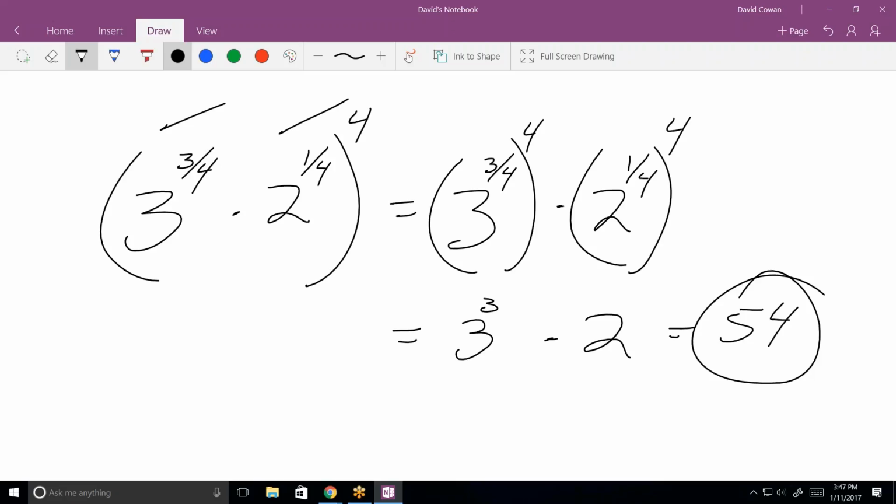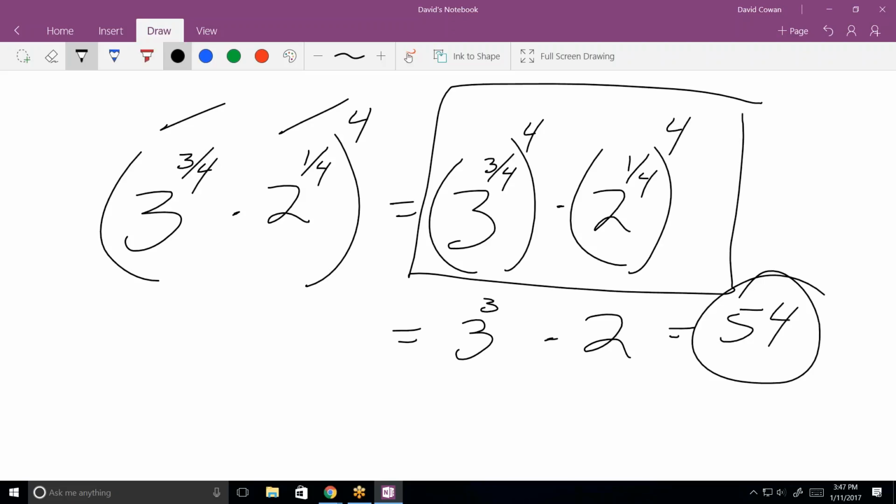So you always want to do these problems, if you can, in a manner that leaves you with integers. By separating it like this, it gives me nothing but integers, 3 cubed and 2 to the 1. So there's a huge advantage in doing it this first way.